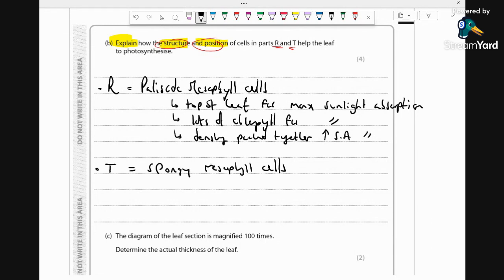Spongy mesophyll cells. And again, these are towards the bottom of the leaf. Why is that useful? Of course, it's to absorb carbon dioxide through the stomata.